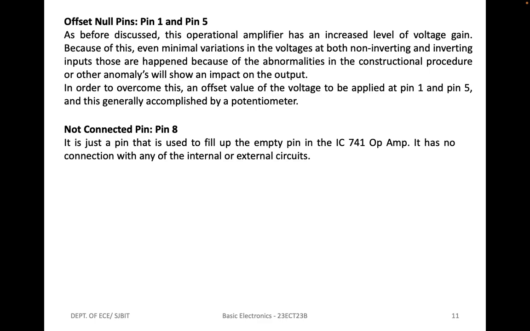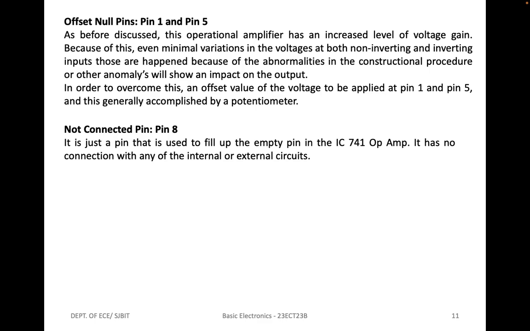Then come the offset null pins, that is pin 1 and 5. This operational amplifier has a high level of voltage gain. Because of this, even minimal variations in the voltages at both the non-inverting and inverting inputs, which happen because of abnormalities in the construction procedure or other anomalies, will have an impact on the output.